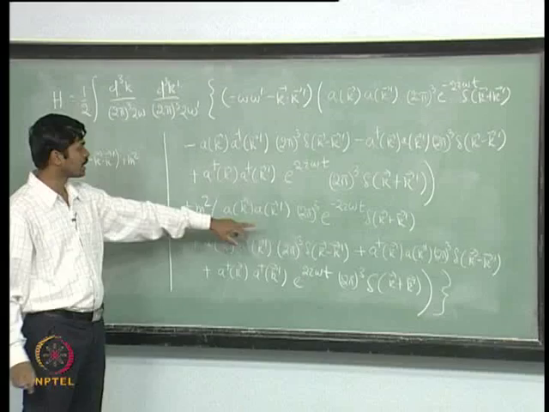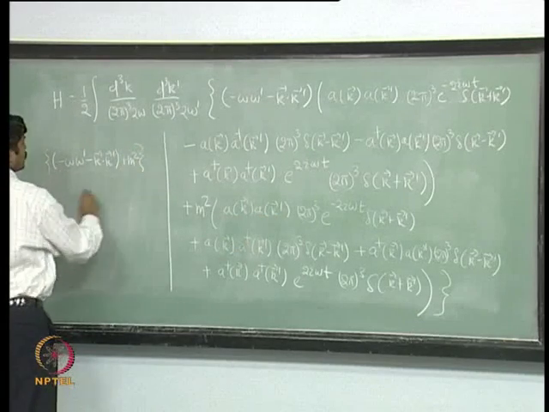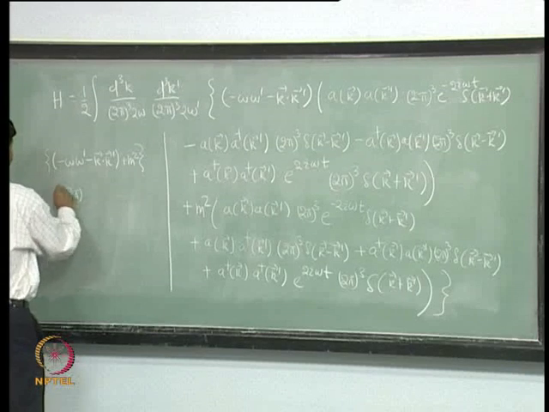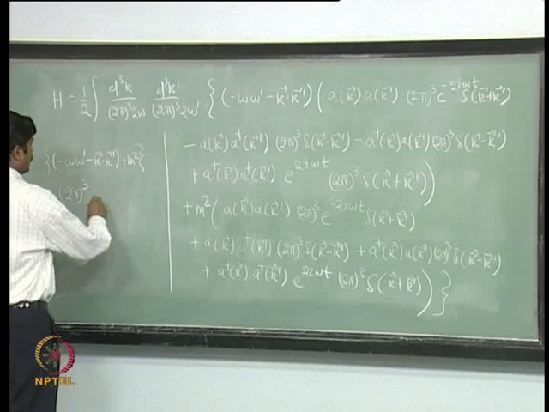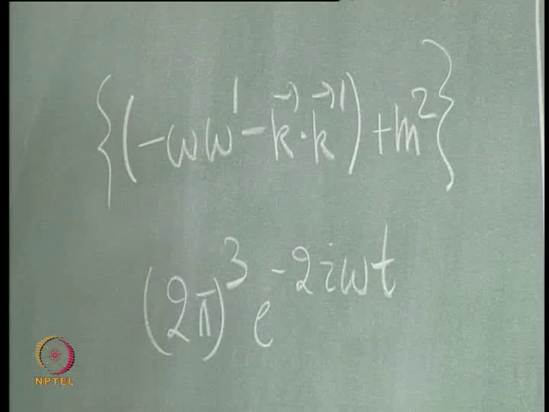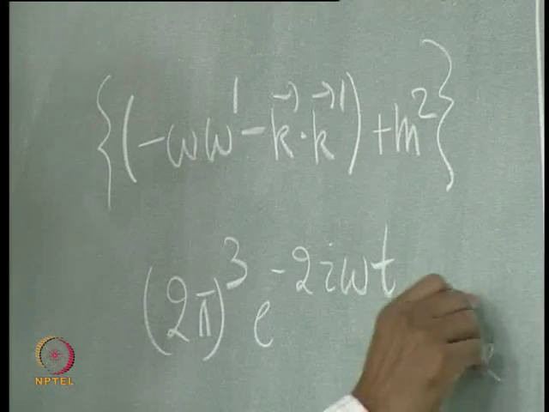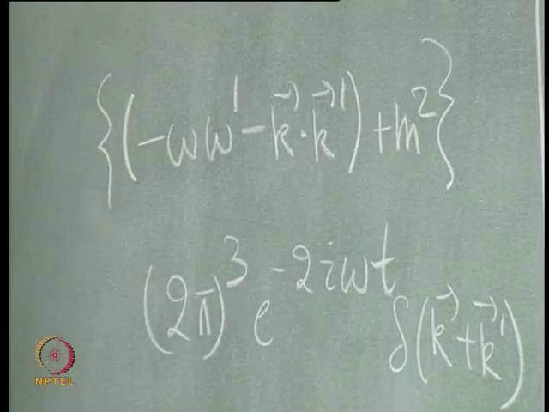All of these are multiplied by 2 pi cube e to the power minus 2 i omega t times delta k plus k prime, right.